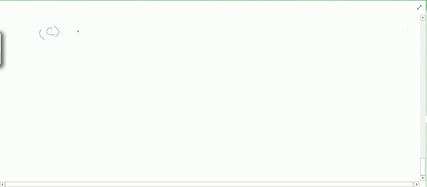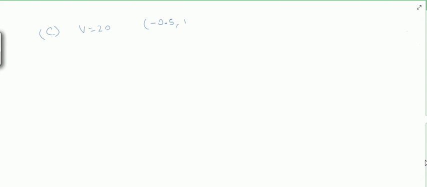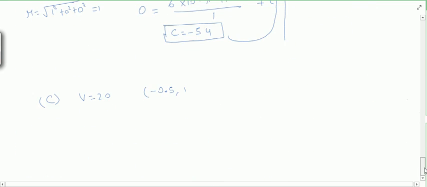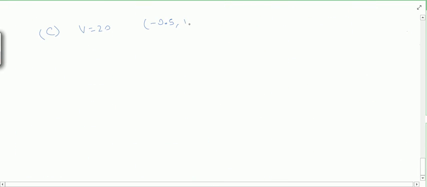Here in the C part, V is equal to 20 at the point minus 0.5, 1, and what was the other value? Minus 0.5, 1 and minus 1. So for this I can apply the formula, V is equal to Q by 4 pi epsilon naught R plus C.